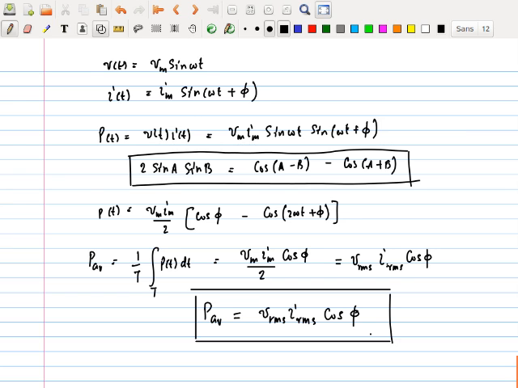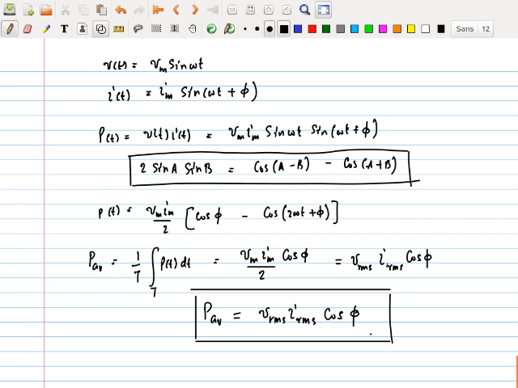But here's the deal. Can you tell me what happens to P average when phi is equal to 0? This is VRMS, IRMS.